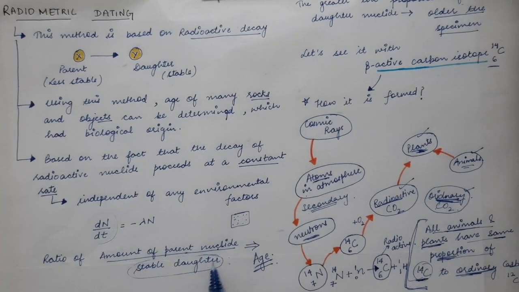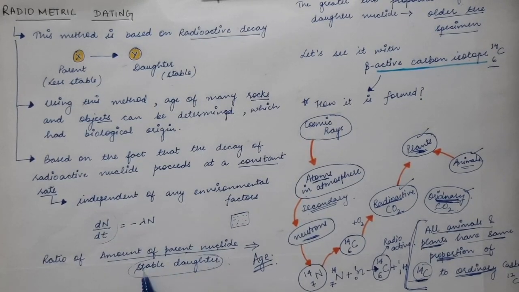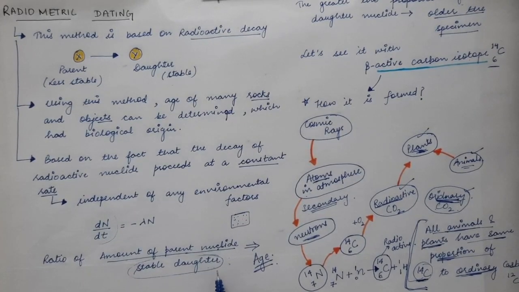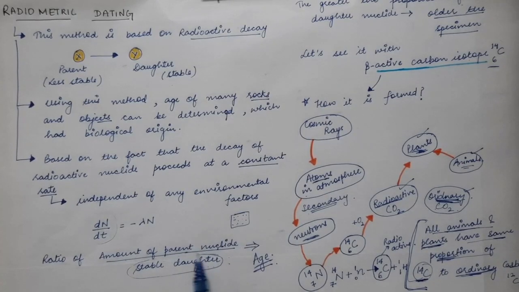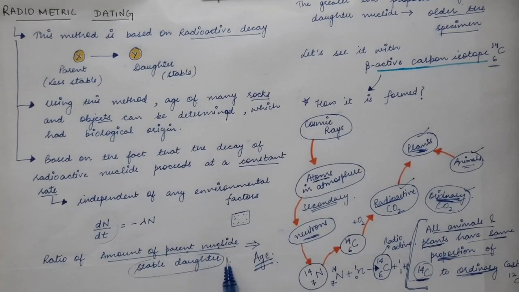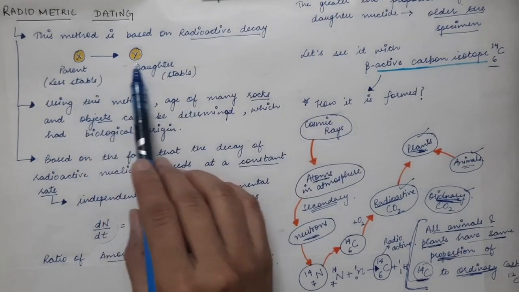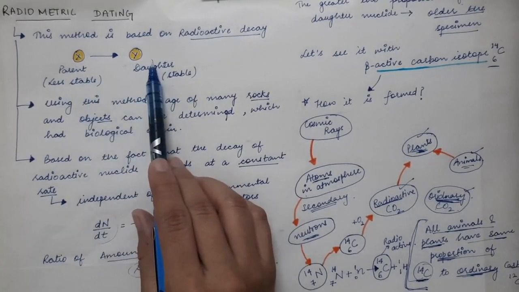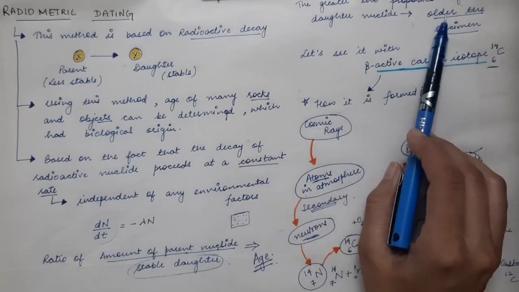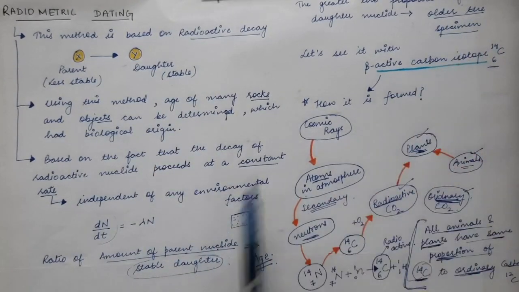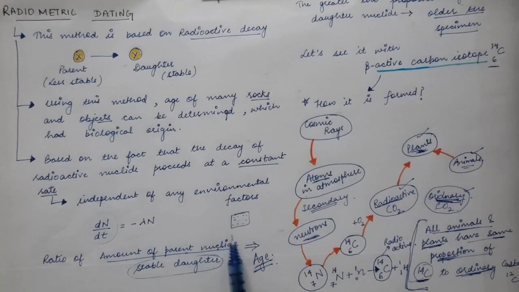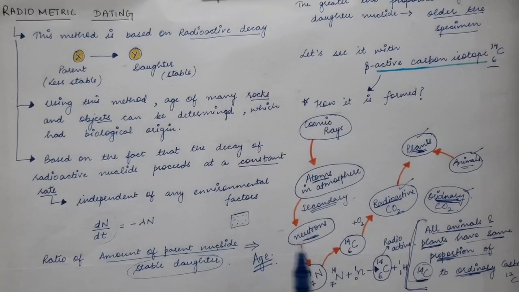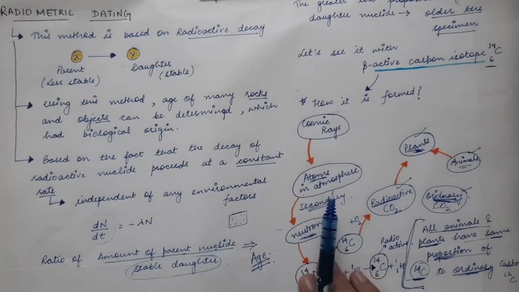The greater the proportion of the daughter nuclei, the older the specimen. More daughter nuclei means more parent nuclei has decayed, which means more time has elapsed, which means the older the specimen is. So this ratio helps us in determining the age of various objects.